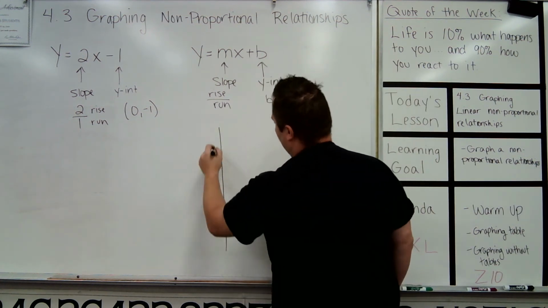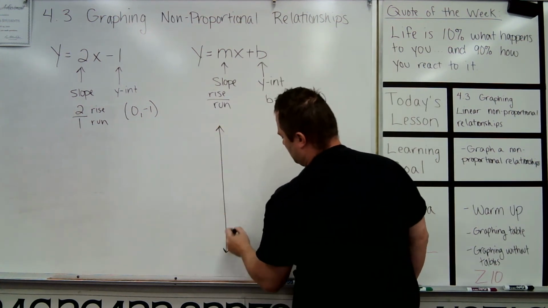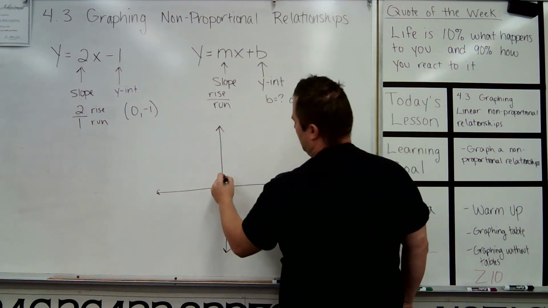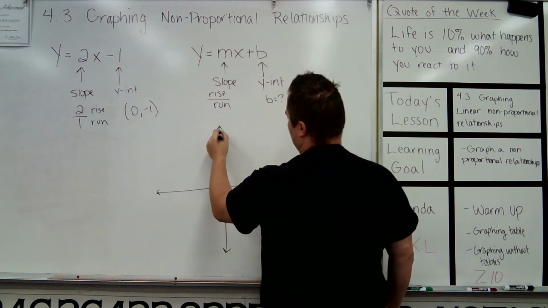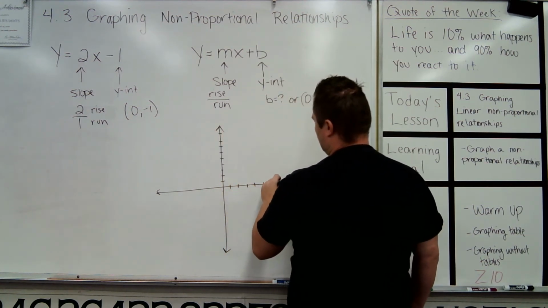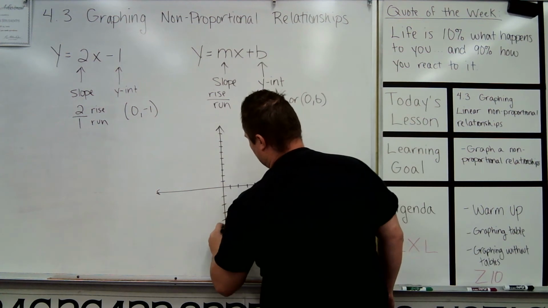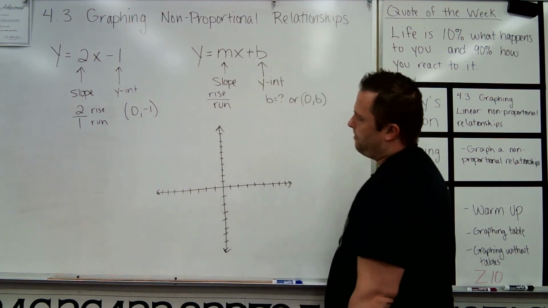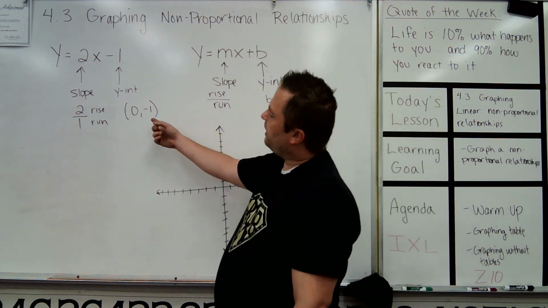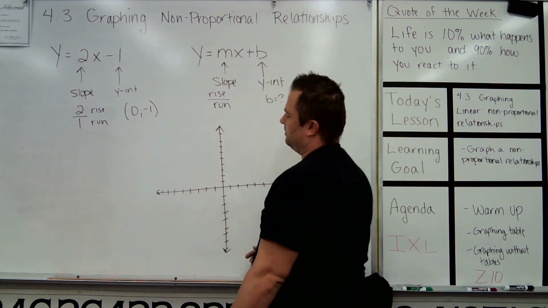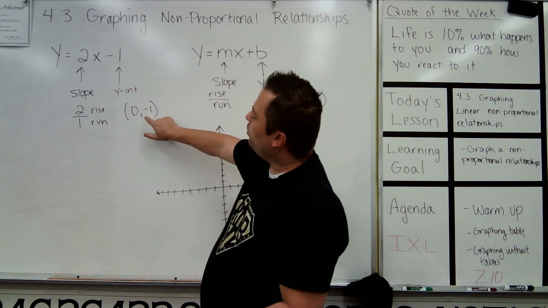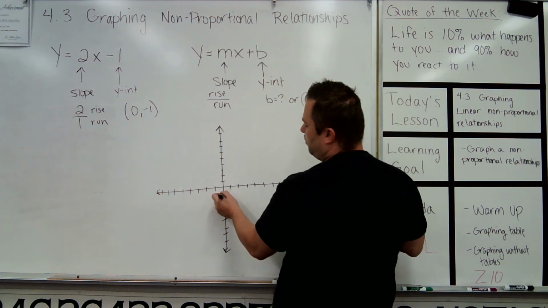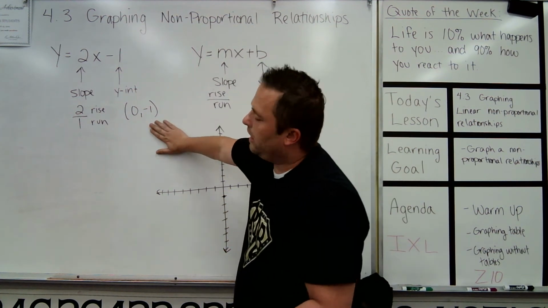Let's draw another sketch of a graph here, with the same tick marks. If I start with my y-intercept, I know 1 point already, and that's at 0, comma negative 1. I know 1 point on my line because that's where my y-intercept is.